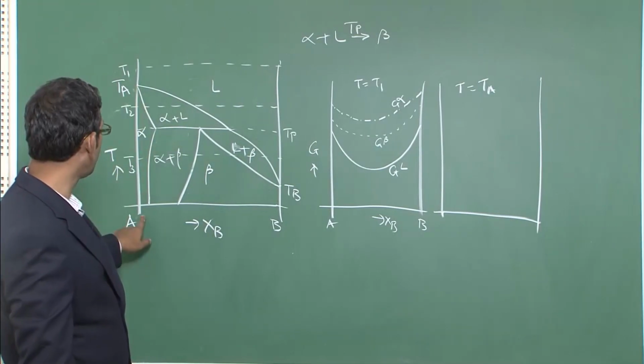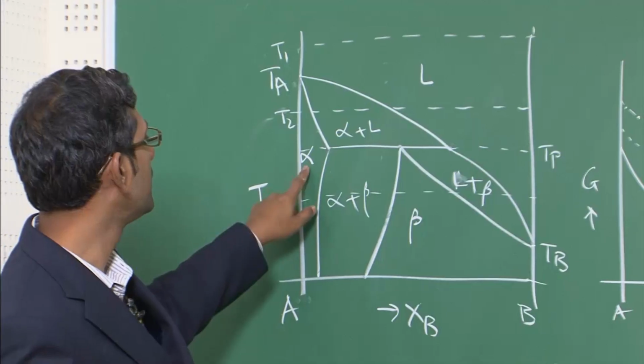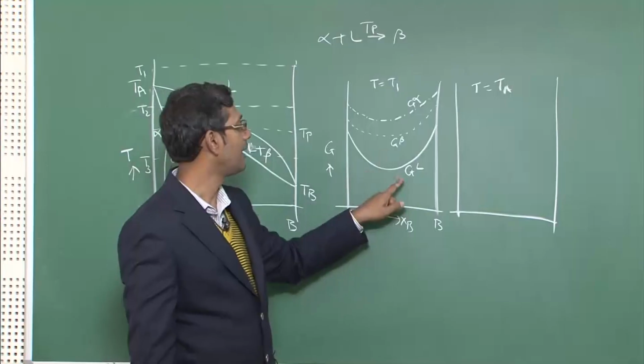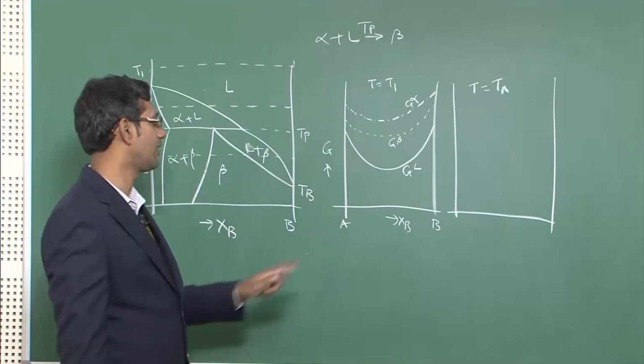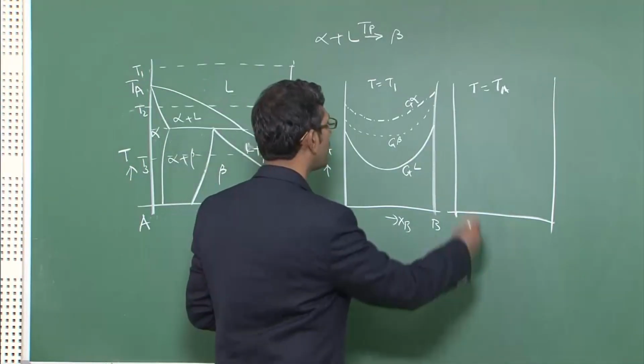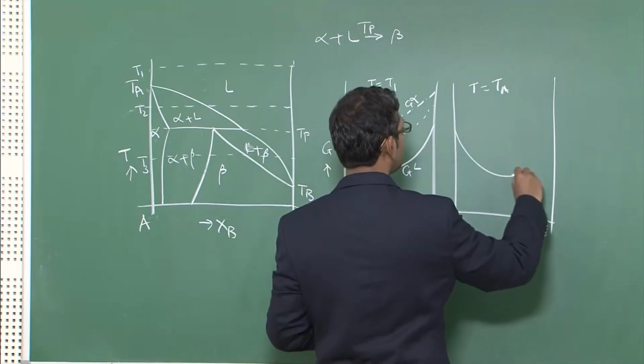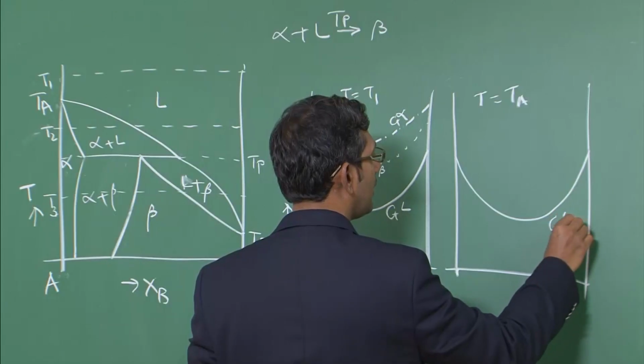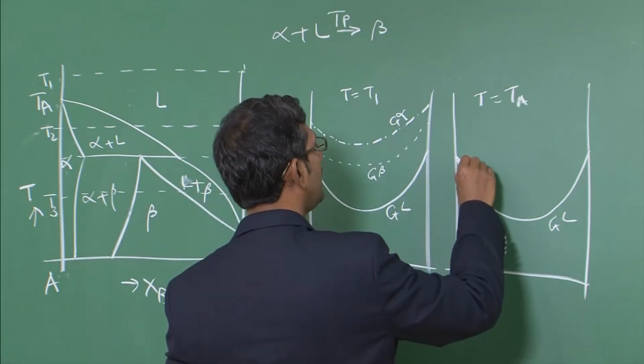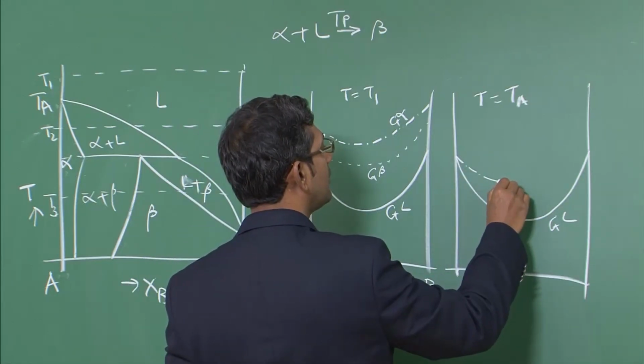So only at the pure A end will the free energy curves of alpha and liquid touch each other. Otherwise liquid is stable everywhere. So I will draw the liquid GL, and then I draw the alpha phase.